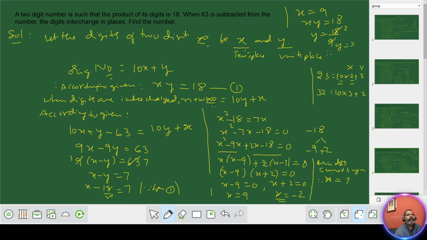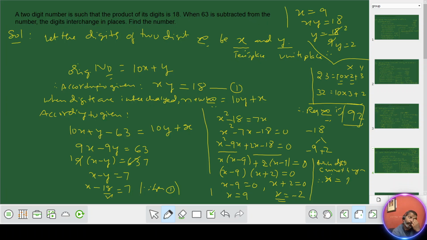Therefore y equal to 2. So what is the number here we got? Therefore I'm concluding here, the required number: if digits are x and y, the number is xy, that is 92. 92 is the number required.